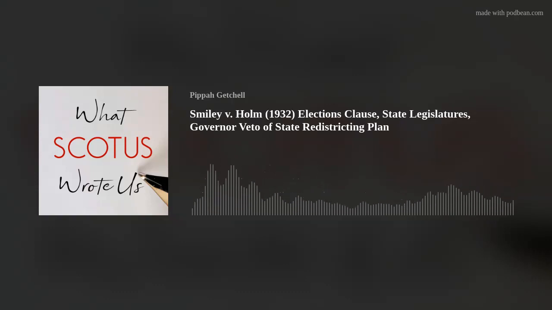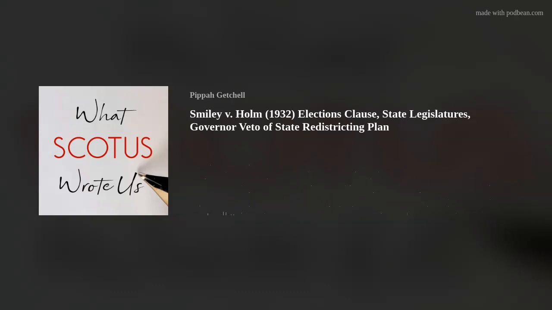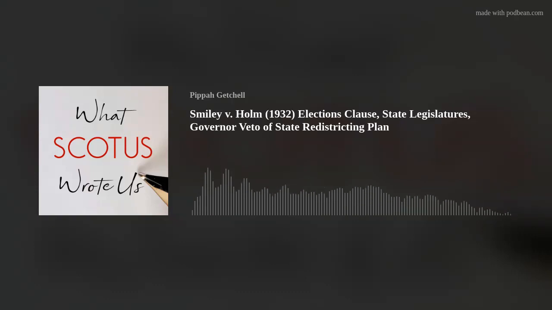But the restriction which existed in the case of these states was well known. That the state legislature might be subject to such a limitation, either then or thereafter, imposed as the several states might think wise, was no more incongruous with the grant of legislative authority to regulate congressional elections than the fact that the Congress, in making its regulations under the same provision, would be subject to the veto power of the President, as provided in Article 1, Section 7.